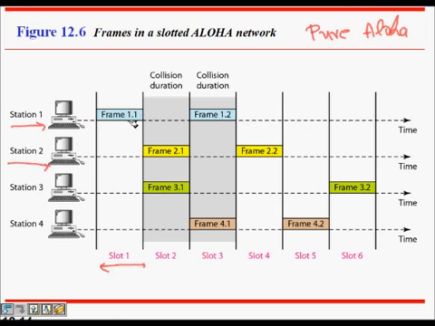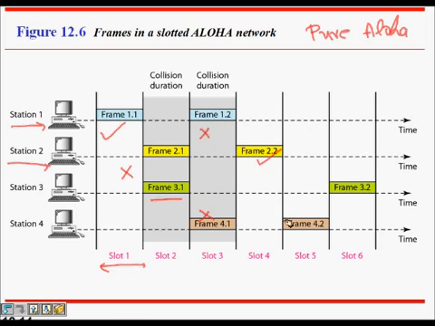So frame 1.1 got transmitted, there was no collision. Frame 2.1 started, but frame 3.1 also started. So station 2 and station 3 both sent at the same time, so there was a collision. During the third time slot, station 1 and station 4 send packets together, so there is a collision here. In the fourth slot, only station 2 sends, this works fine.